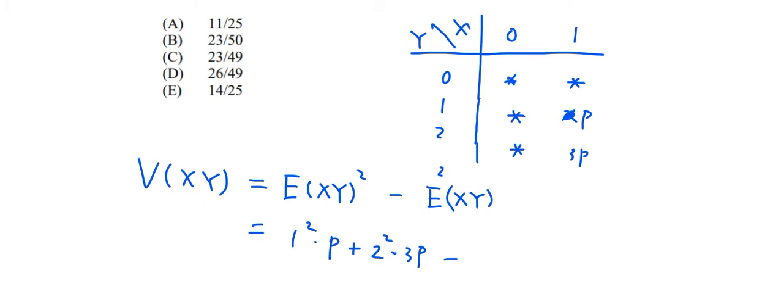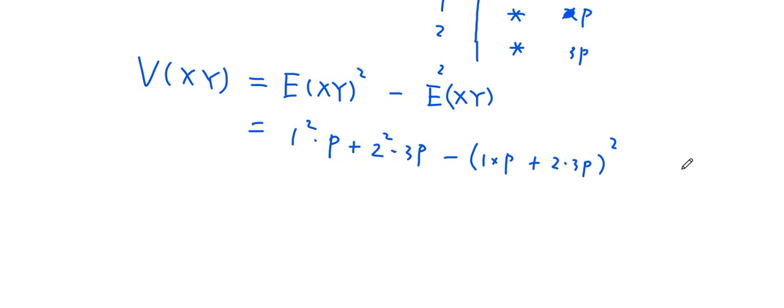So minus E of XY. E of XY is 1 times P for 1 1, plus for 1 2, 2 times the probability 3P, and then squared. So the variance of XY is this. So this equals 13P minus 49P squared.